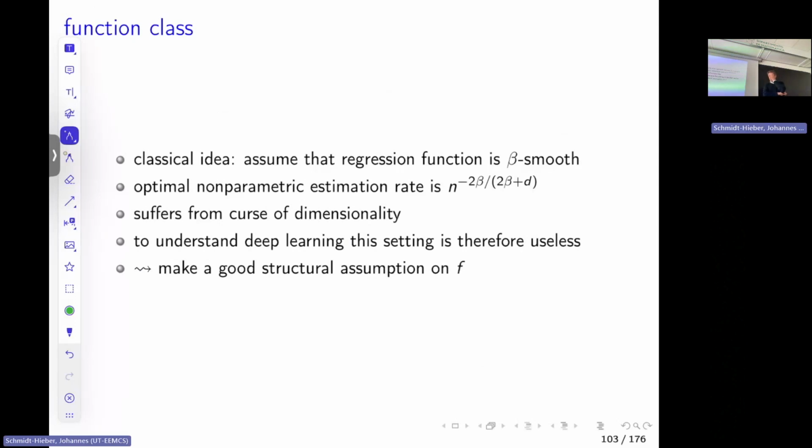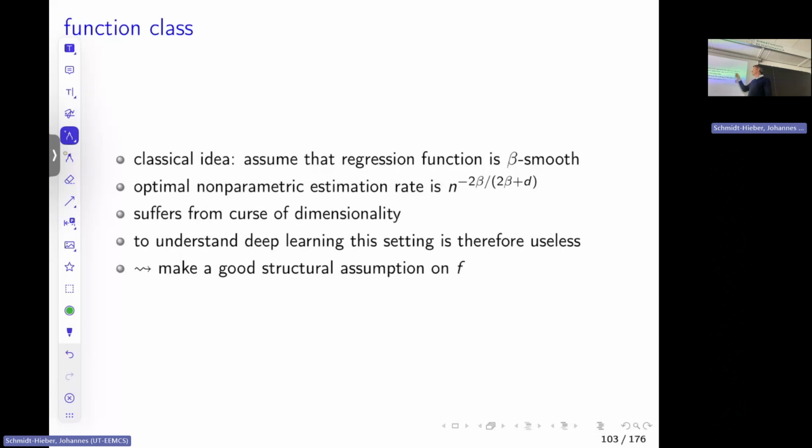Now, we can of course apply that to the standard framework, which is to say our function that we want to learn is just 10 times differentiable or so. There are two problems with this. The first problem is the curse of dimensionality in these non-parametric rates. The optimal non-parametric rate applies to all methods, because we have limited knowledge about our function f.